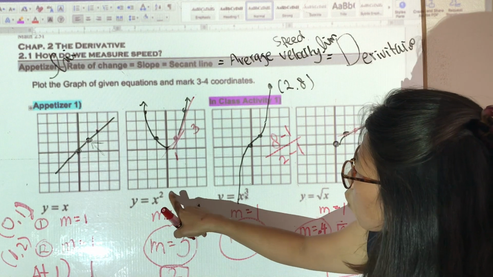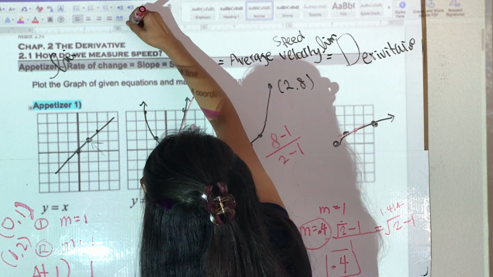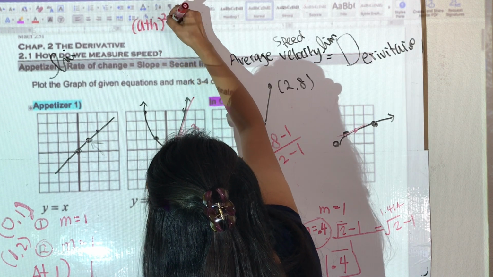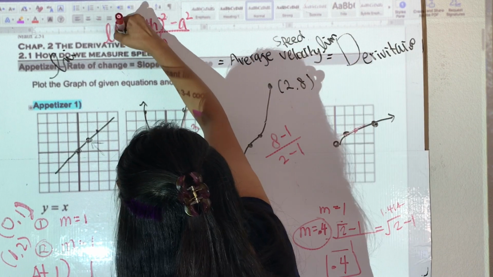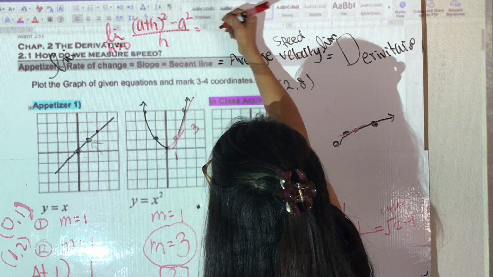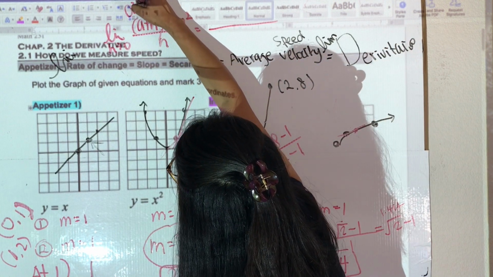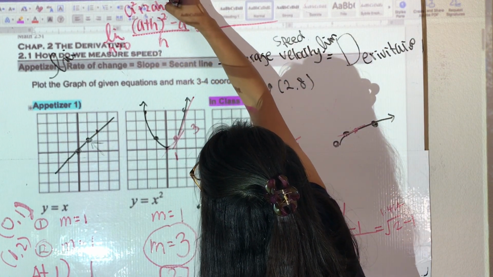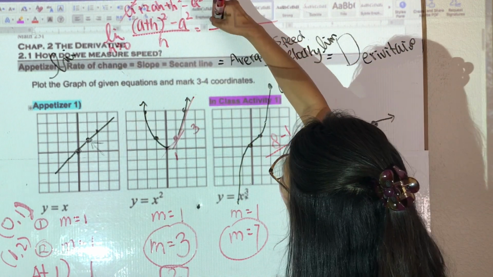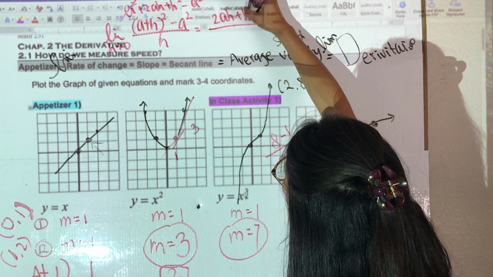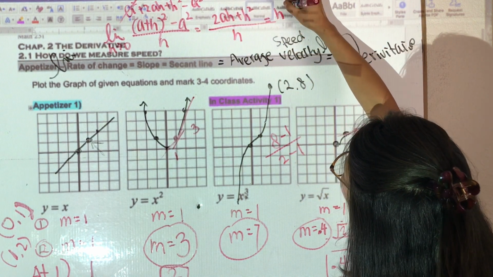So for x squared, if I take the rate of change, it's (a plus h) squared minus a squared over h, right? And then I'm going to send h to 0. I'm going to do this one very fast. So I see that a squared plus 2ah plus h squared minus a squared, the a squared cancel out. So I have 2ah plus h squared over h, and h is factored out.